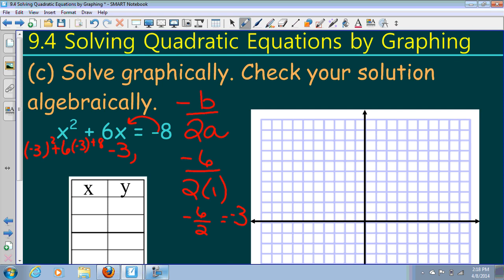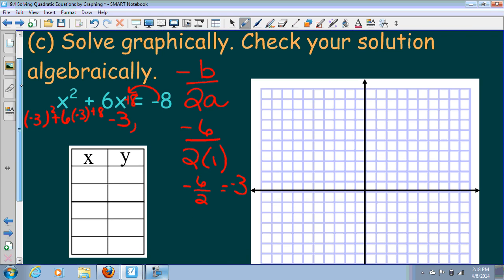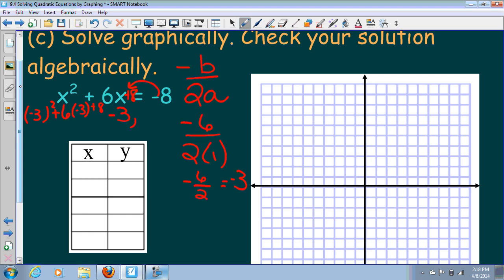This needed to come over here, sorry. I needed to tell you to put it in standard form. I skipped that, my bad. So 9 minus 18 plus 8. Okay, negative 9 plus 8, negative 1. So the vertex is negative 3, negative 1.